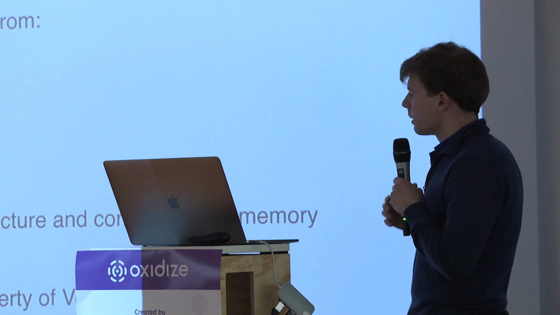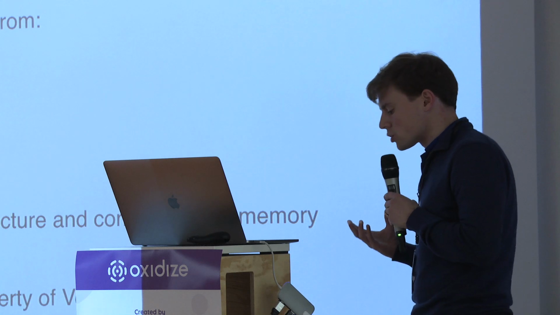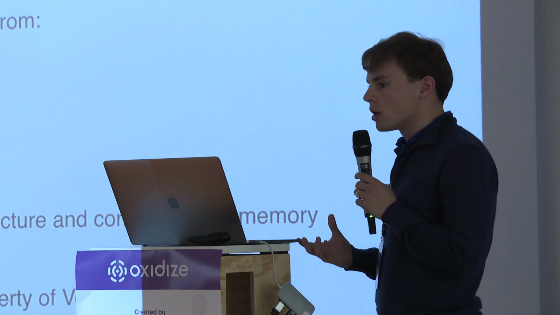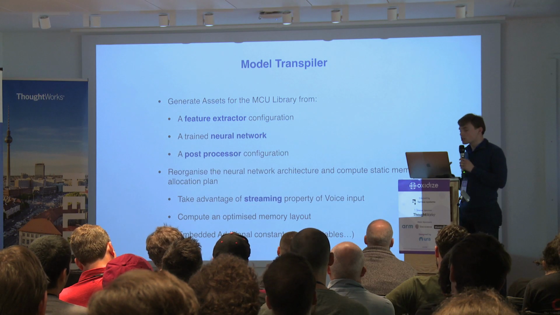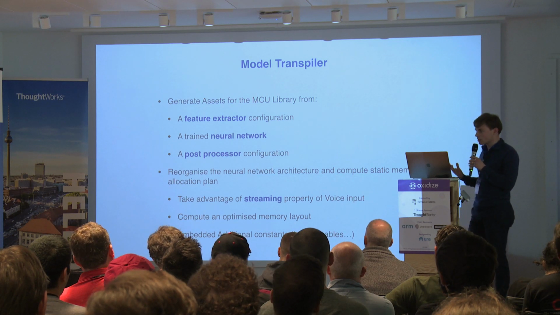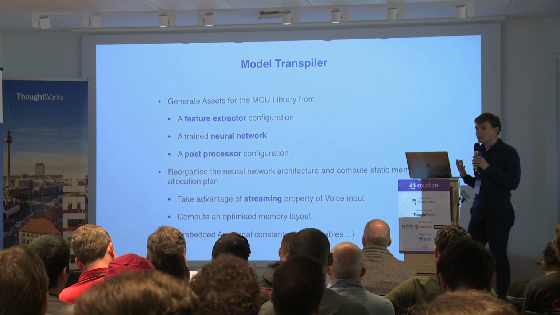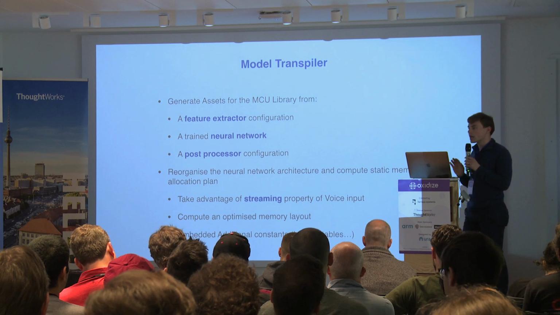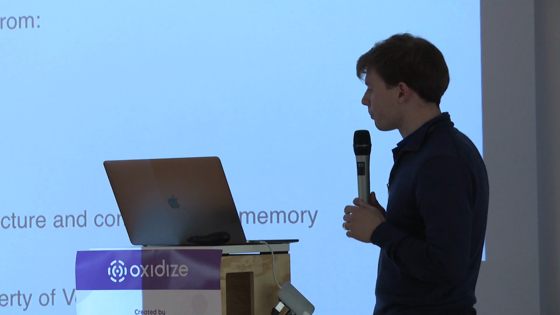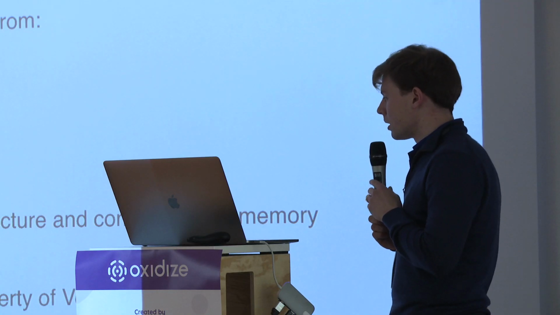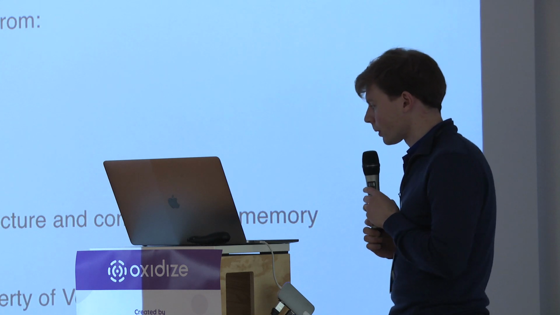By taking advantage of the streaming property of the voice, we will change the architecture of the neural network so that we really take this advantage without losing any performance in the final model.